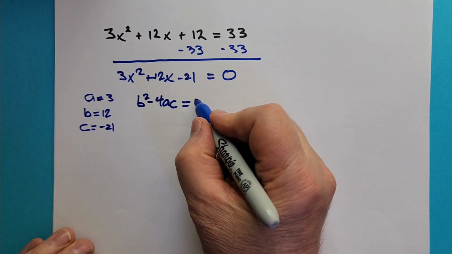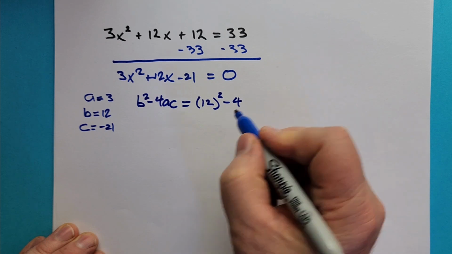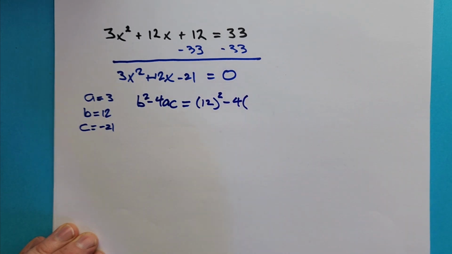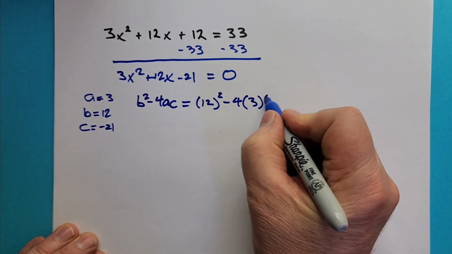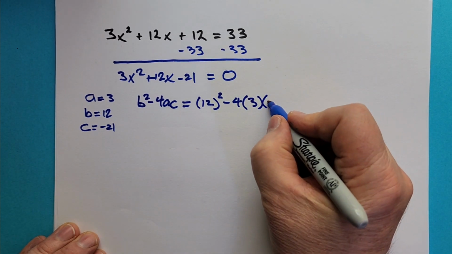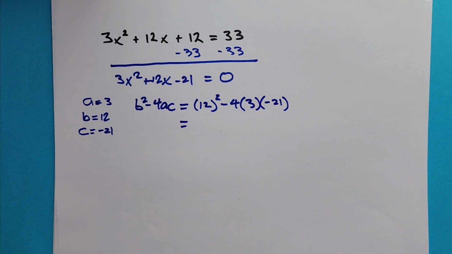Okay, so b is 12, but that's going to get squared according to the formula. The negative 4 is a part of the discriminant. It's a formula constant. And then we have 4 times a. So a is 3. So we'll do the replacement on there. And then c is a negative 21. And then now we do what we can to simplify this thing. We're going to get kind of a large discriminant here.